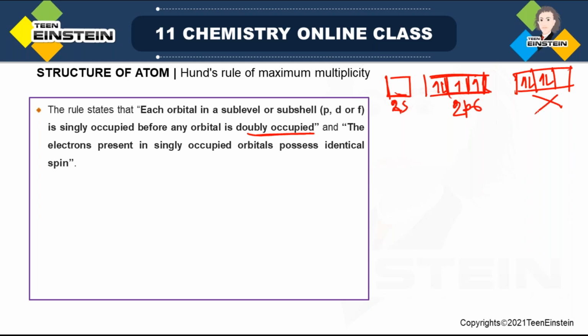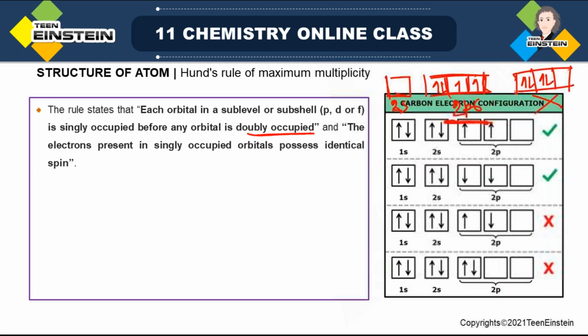There is another statement that you have to keep in mind: the electrons present in singly occupied orbitals should possess identical spin. Take carbon as the element. For carbon, the outermost electronic configuration is 2s2 2p2.